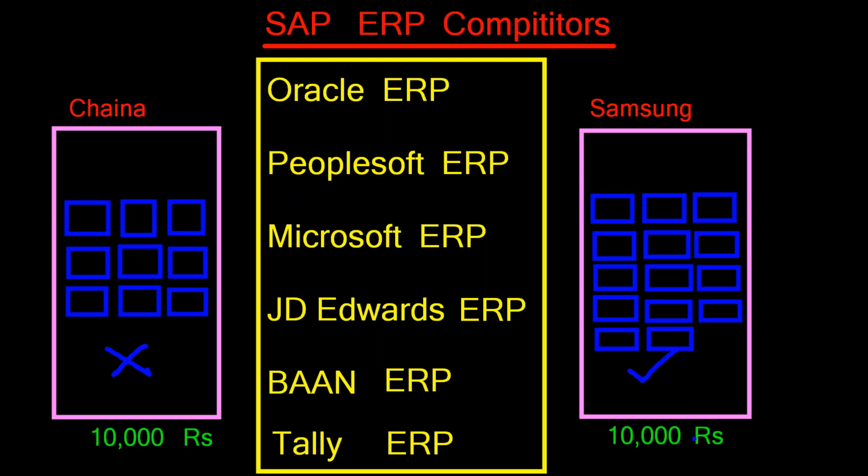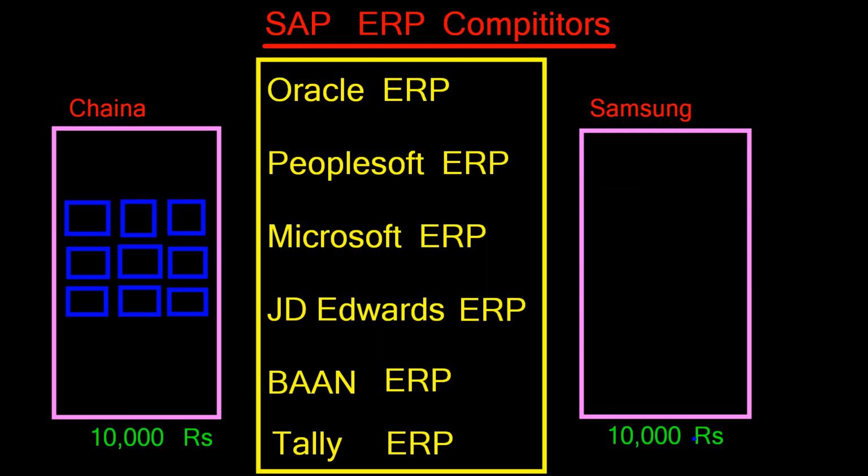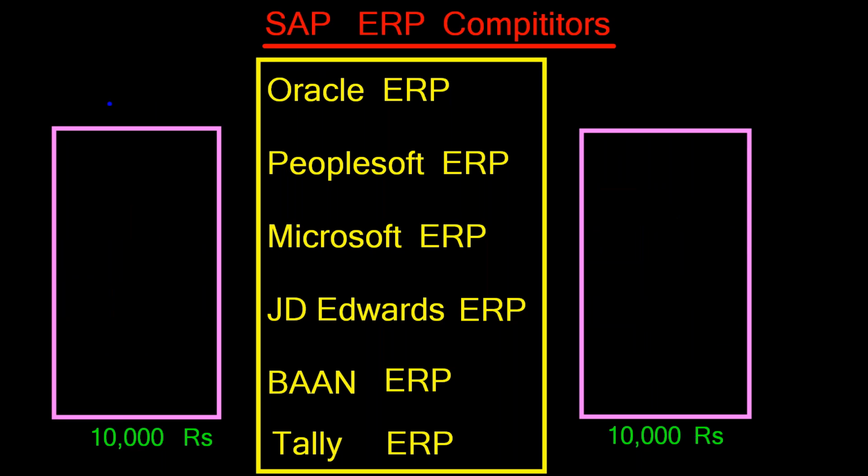In the same way, the same example applies to the SAP company and other ERP companies, like Oracle, PeopleSoft, Microsoft ERP, JD Edwards, BAN, and Tally ERP. Whatever modules we get by default when we install the ERP application, only those modules we can use.